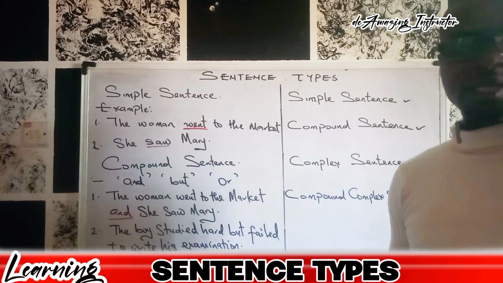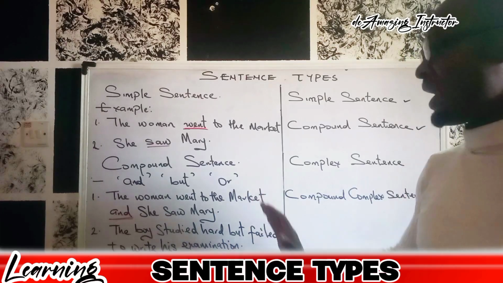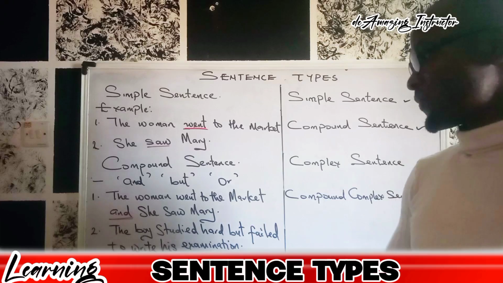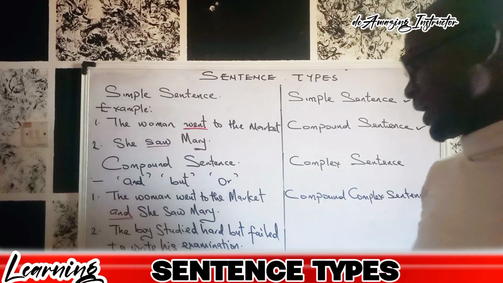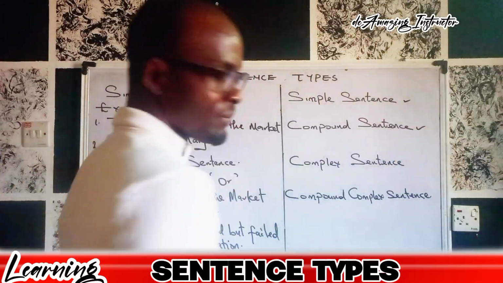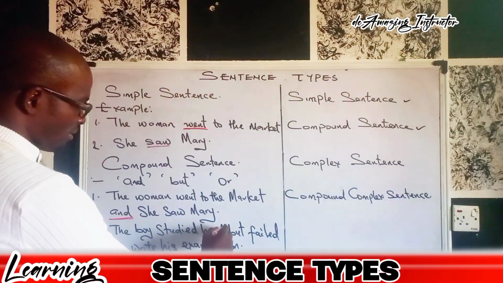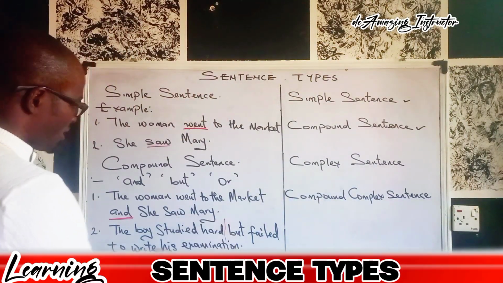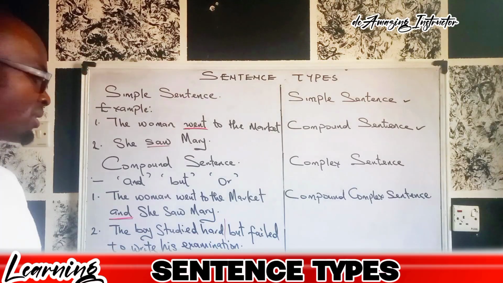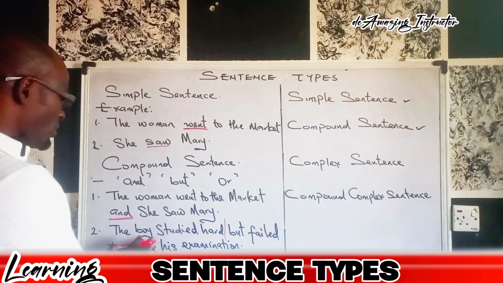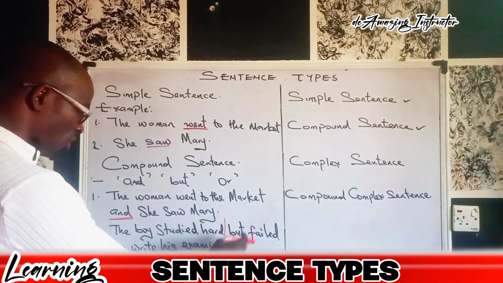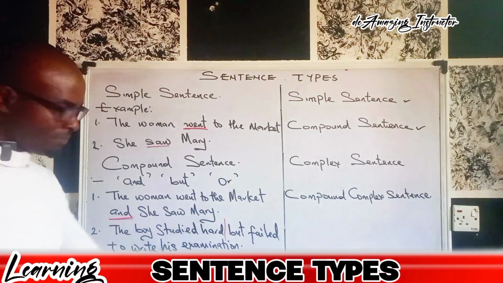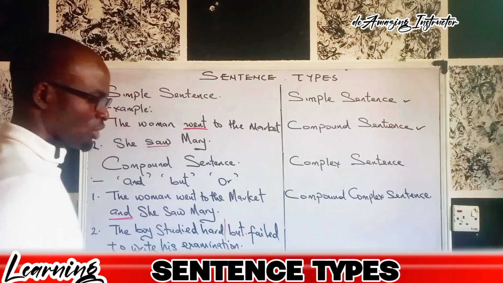Now, there are two clauses here, and they are independent clauses. The first independent clause there is the boy studied hard. That's the first independent clause there. Now, the boy failed to write his examination. There is an elision of subject here.